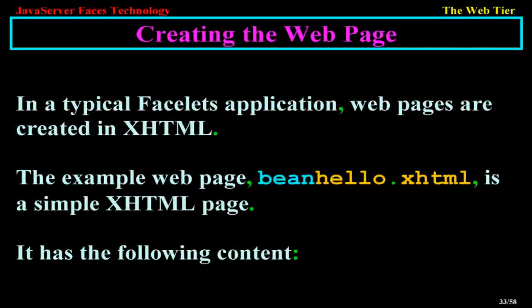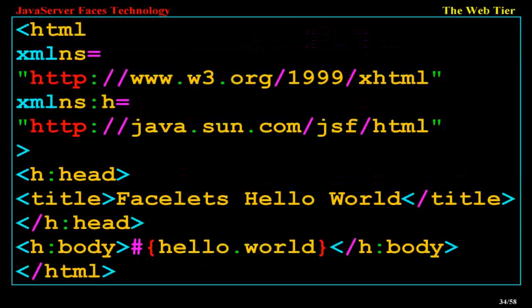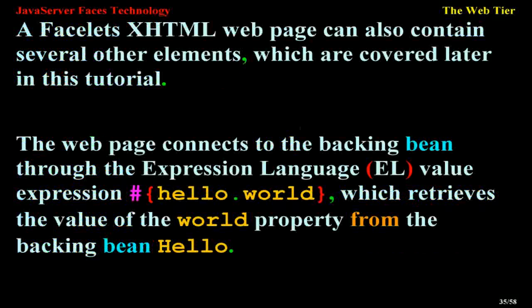It has the following content: html xmlns="http://www.w3.org/1999/xhtml" xmlns:h="http://java.sun.com/jsf/html", head, title Facelets Hello World, end title, end head, body, Hello World, end body, end html. A Facelets XHTML web page can also contain several other elements, which are covered later in this tutorial.